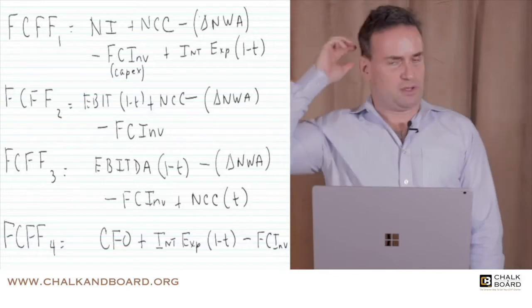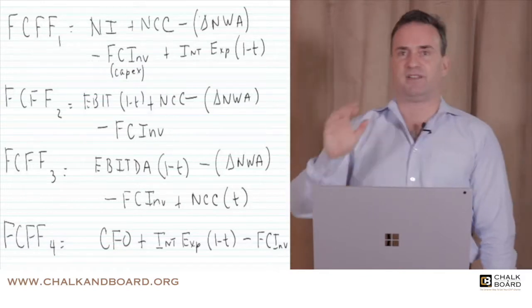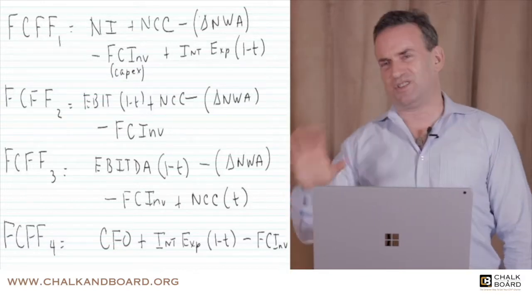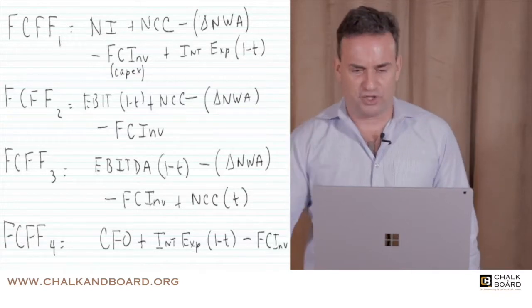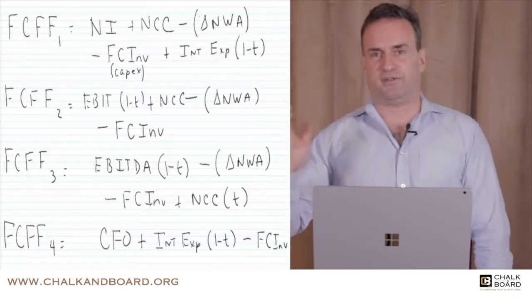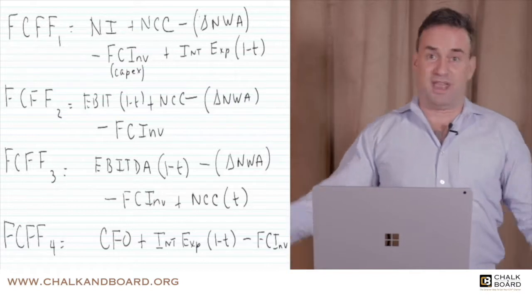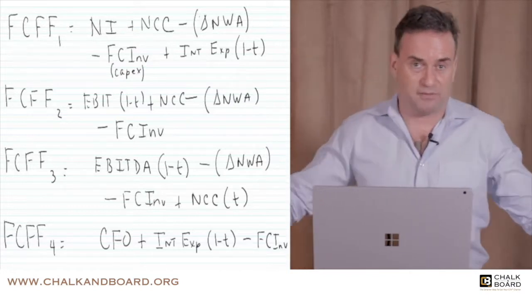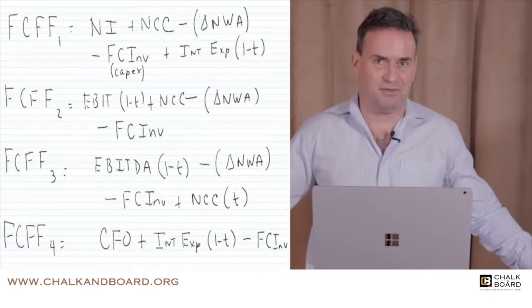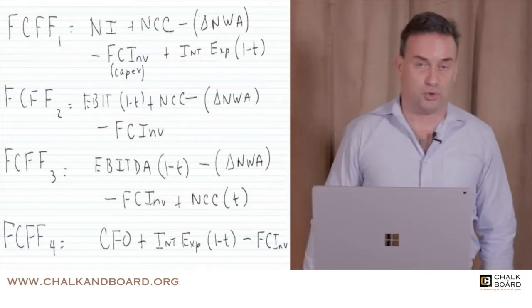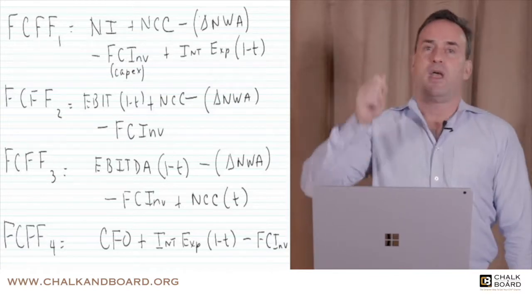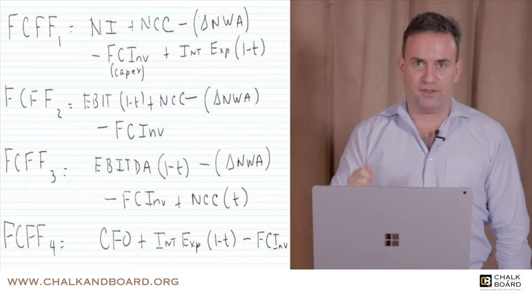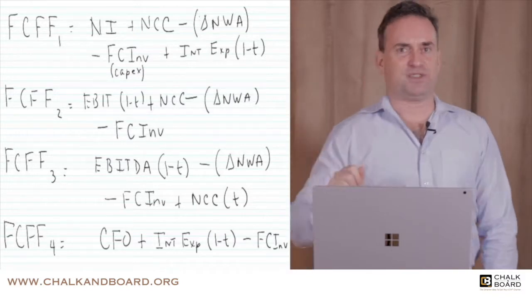We'll assume that there are no preferred shareholders, because most companies don't always have preferred shares. So the net income is a cash flow that's available to the common shareholders, and that could technically be paid out as a dividend, correct? If they wanted to, they could pay out all of their net income as a dividend, not retaining anything, but that's unusual. However, net income is post the deduction of interest expense. Now, here's an important part.